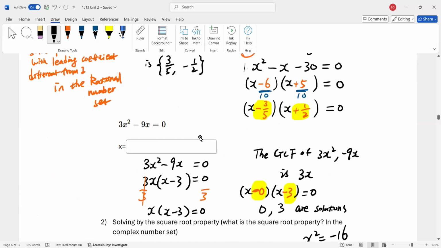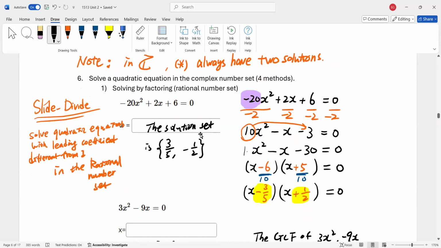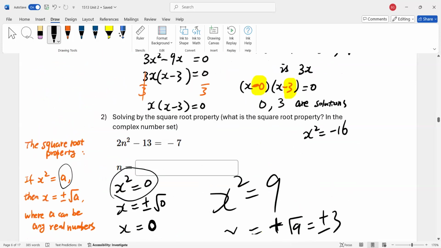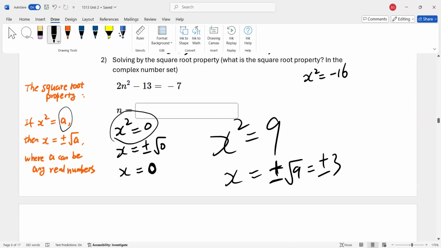Even in the earlier two problems, when we used the factoring method, we were still solving in the complex number set, because the rational number set is a subset of the complex number set. It's just part of it, right? As you can see, the equation x squared equals -16 is not solvable in the real number set. But again, we are solving it in the complex number set.